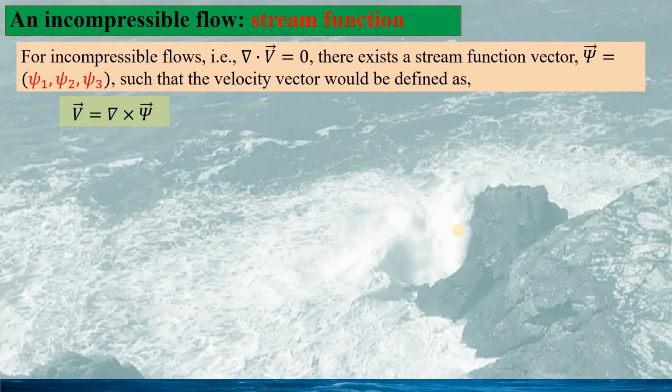Now we look at the expression for the streamline, that is, the stream function.